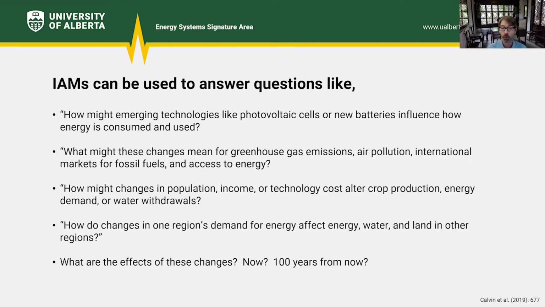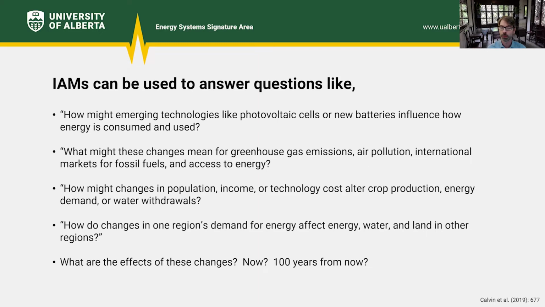Now you may ask, what can we use them for? Well, IAMs can be used to answer questions like, how might emerging technologies like photovoltaic cells or new batteries influence how energy is consumed and used? What might these changes mean for greenhouse gas emissions, air pollution, international markets for fossil fuels, and access to energy?